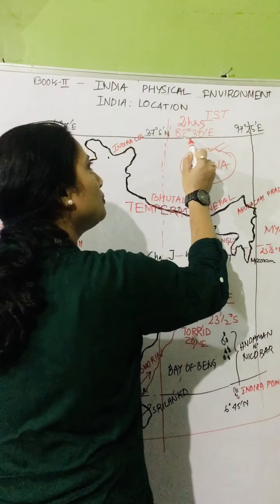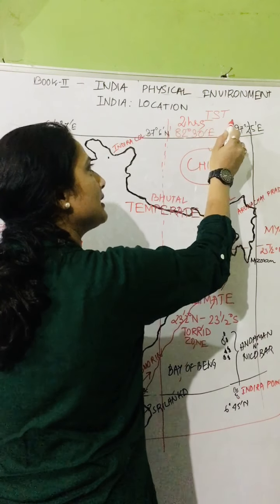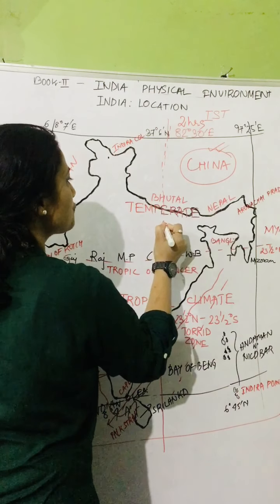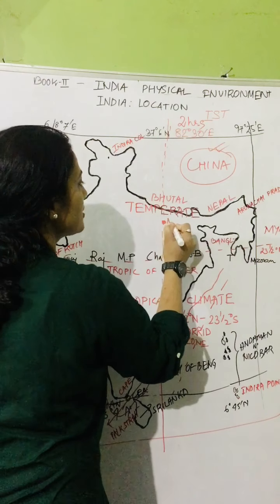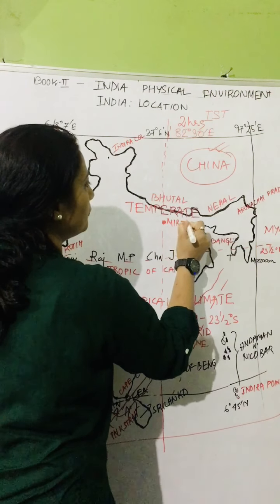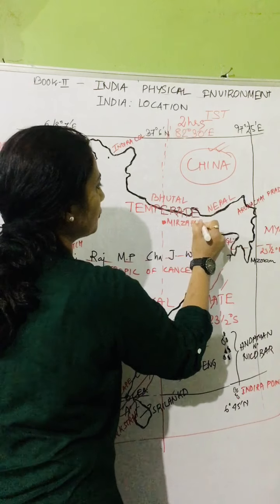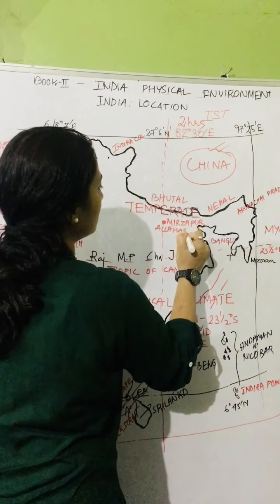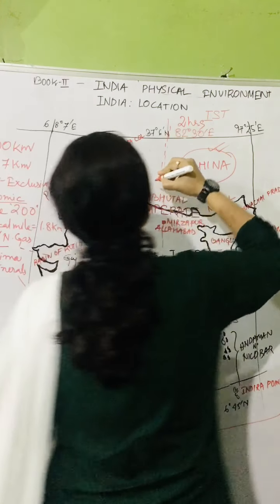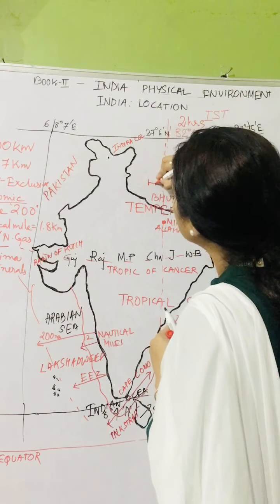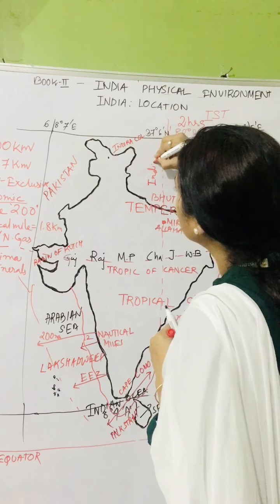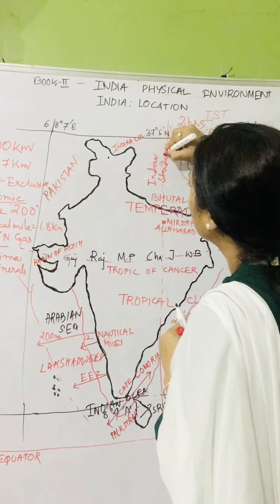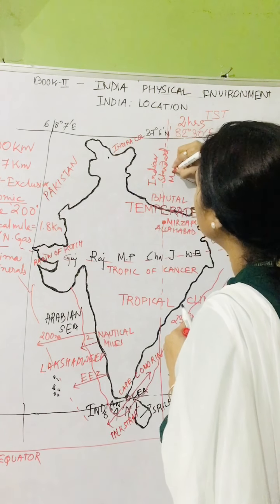The time which will be calculated on the basis of this is known as Indian Standard Time, and this longitude, that is 82 degree 30 minute, which crosses from Mirzapur in Allahabad, is known as Indian Standard Meridian.